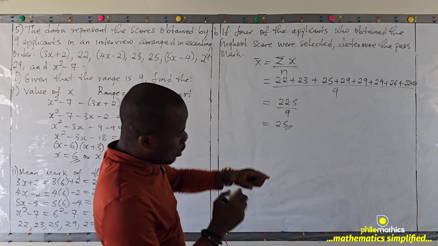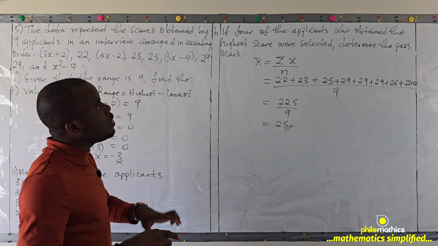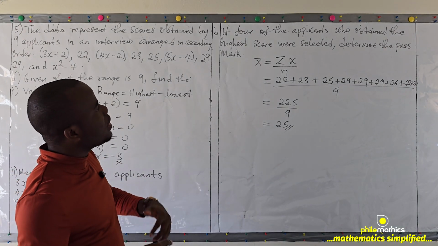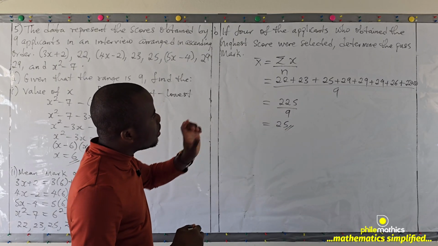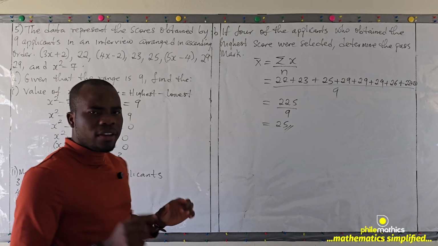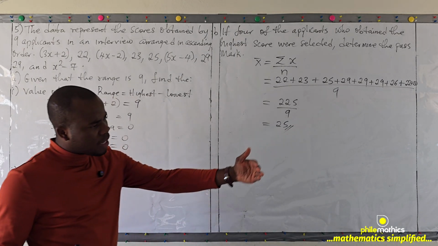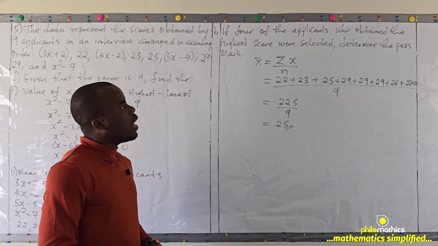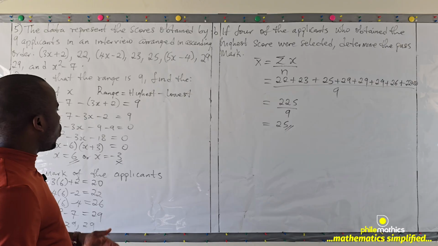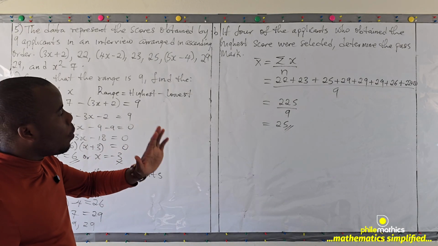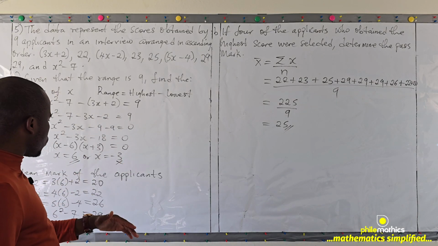And so part B says if 4 of these applicants who obtained the highest scores were selected, determine the pass mark. The first thing you want to do is bring out the highest scores, and then we'll find out what the pass mark is. So what are the top 4 scores?